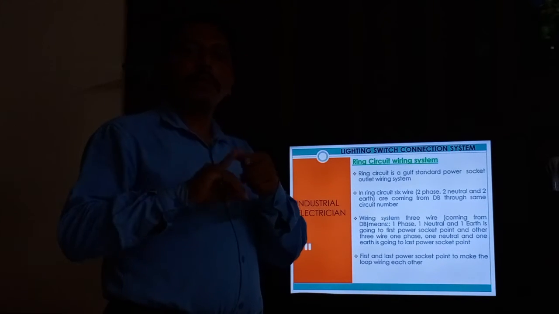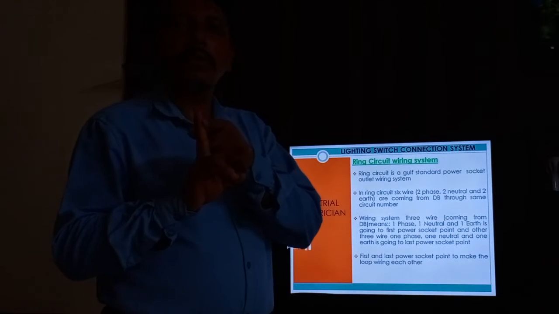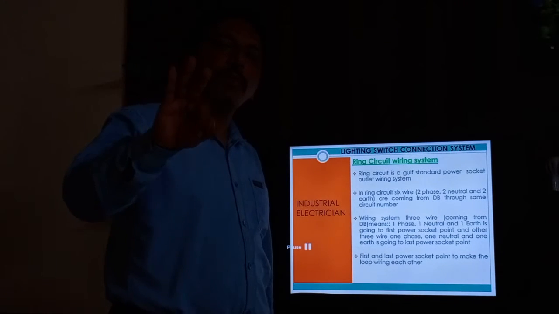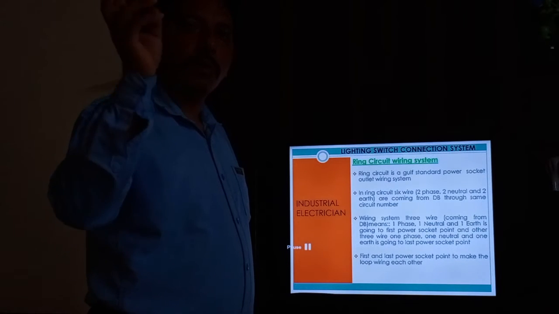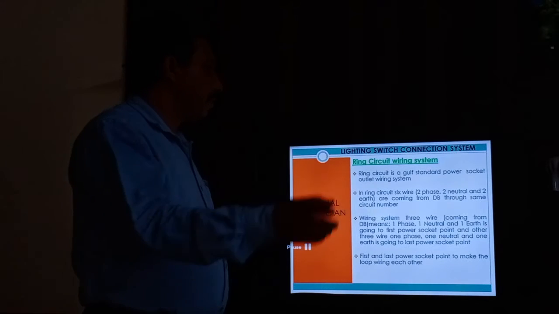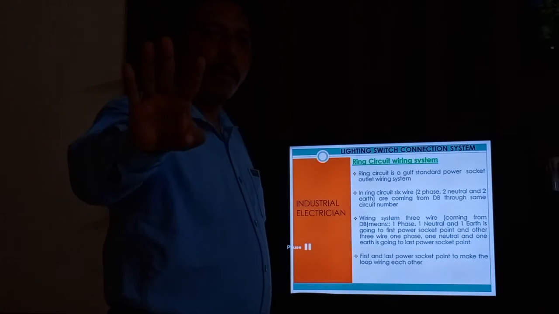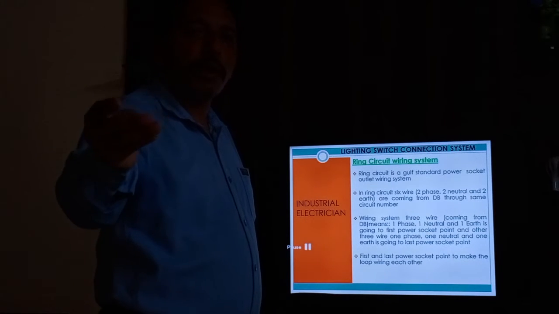And lighting, water heater and AC we can use in the normal wiring system. In the normal wiring system only 3 wires come: 1 phase, 1 neutral and 1 earth. But in a ring circuit 6 wires come: 2 same color code phase, 2 neutral and 2 earth.